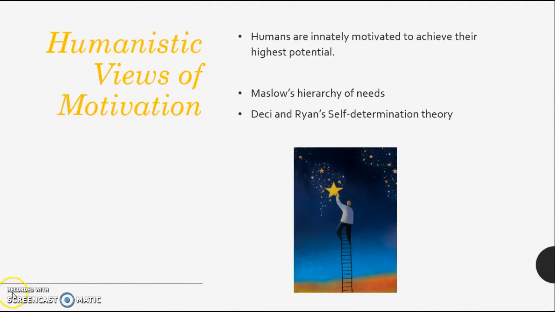All right, so let's move on to humanistic views of motivation. Humanistic views hold the belief that humans are innately motivated to achieve their highest potential. This is within them. Two humanistic theories are Maslow's hierarchy of needs and self-determination theory.